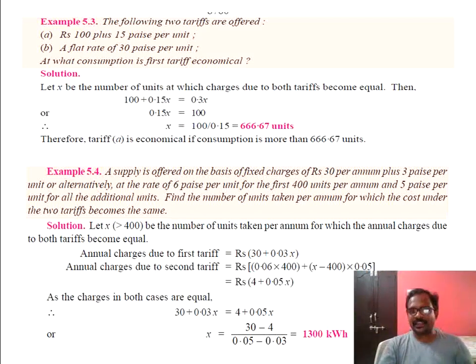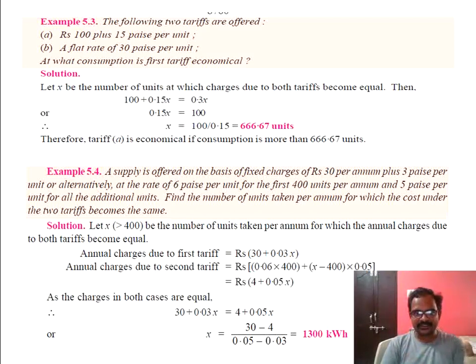Now if I am consuming more than 666 units, let's take 1000 units. Let x be equal to 1000. Now let's calculate the individual tariffs. So 100 plus 0.15 into 1000, which will be 100 plus 150, which will be 250 rupees, the tariff 1 for 1000 units of consumption. The second tariff will be 0.3 into 1000, which will be 300.